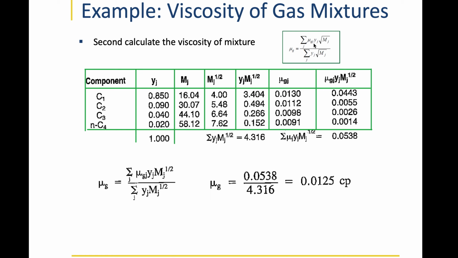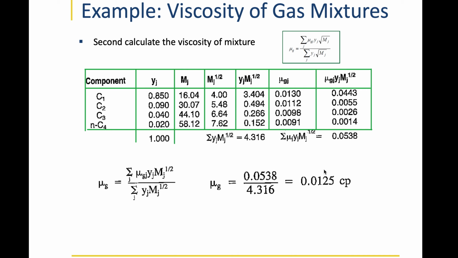And I calculate the denominator. So viscosity times the mole fraction times the square root of molecular weight is the numerator, and the denominator is simply the mole fraction times the square root of molecular weight. So I sum them up. The numerator calculated here is 0.0538, and the denominator calculated here is 4.316.